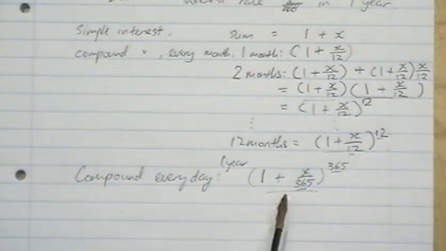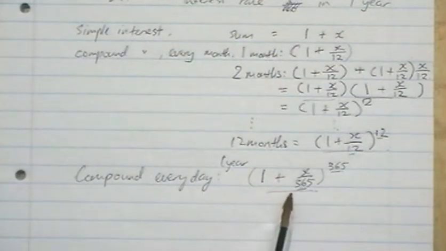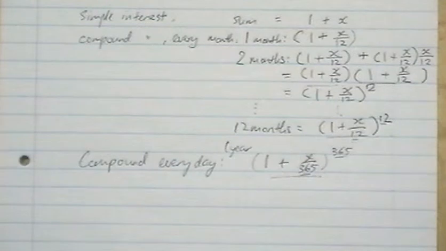So in other words, the larger the number of periods, the more intervals you use to compound your interest, the more money you'll get. So try convincing your bank to do that.